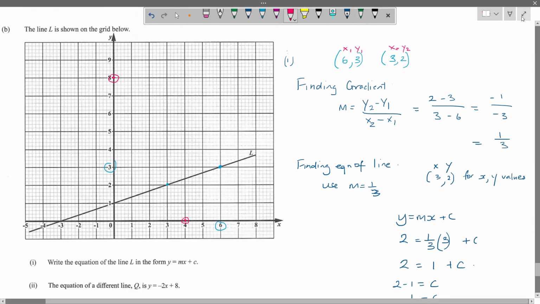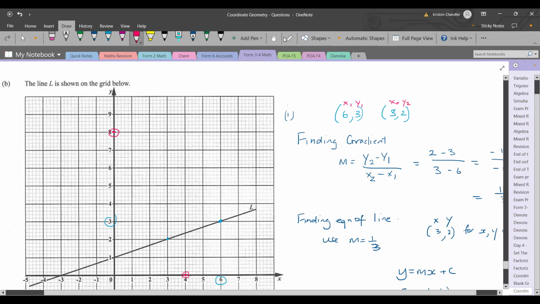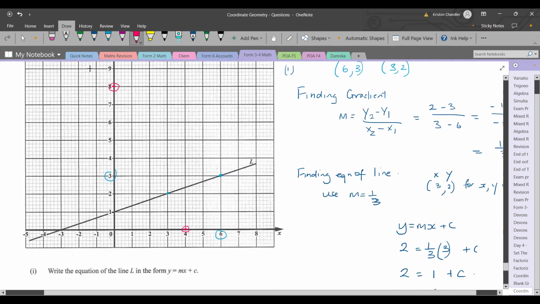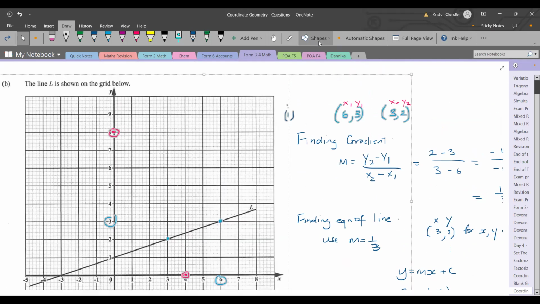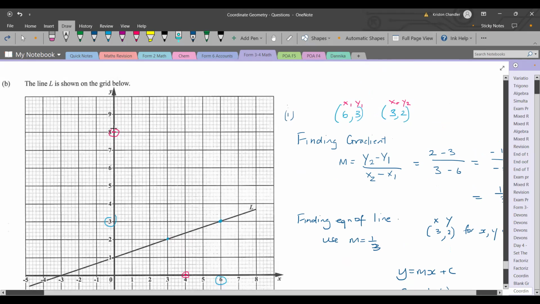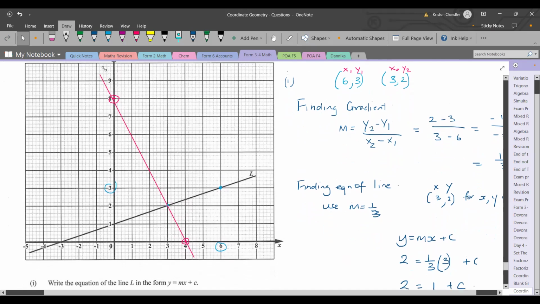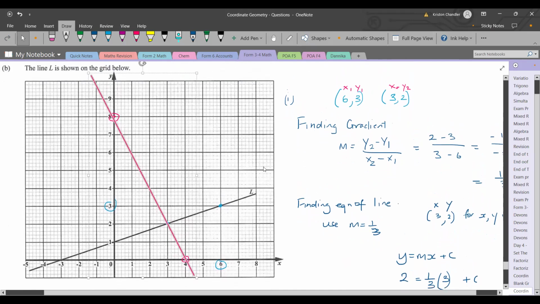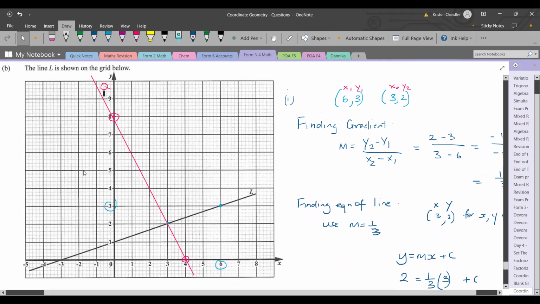Then I grab my ruler and draw a line passing through those 2 points. Just make sure I'm going through those 2 points. And that is the line Q. Easy, right?